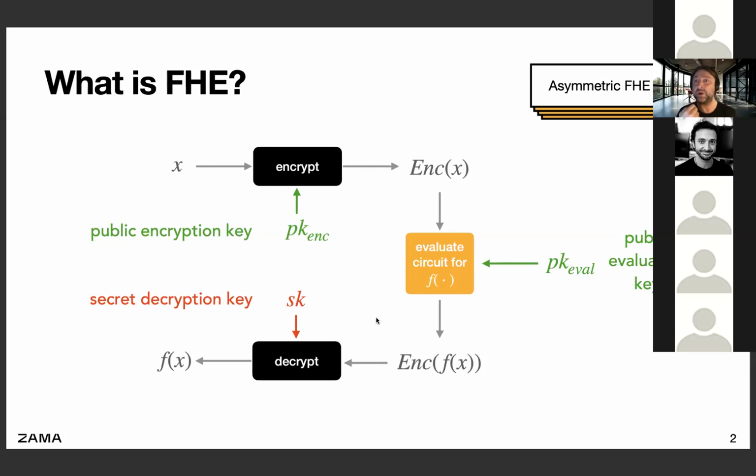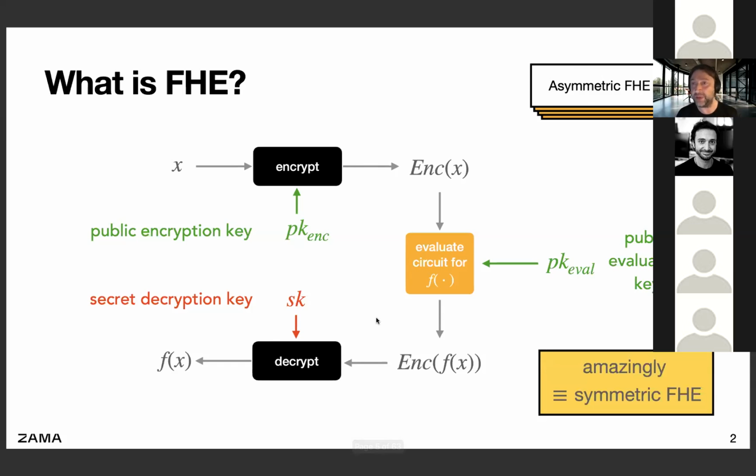So instead of having just one source of encrypted data, now you can have a lot of people contributing to the computation for you. It's a little bit weird, but we have these two public keys. So instead of saying the public key, because there are two public keys, we're just going to designate keys by the operations we use them for. So basically, there is a public encryption key, and there is still this public evaluation key.